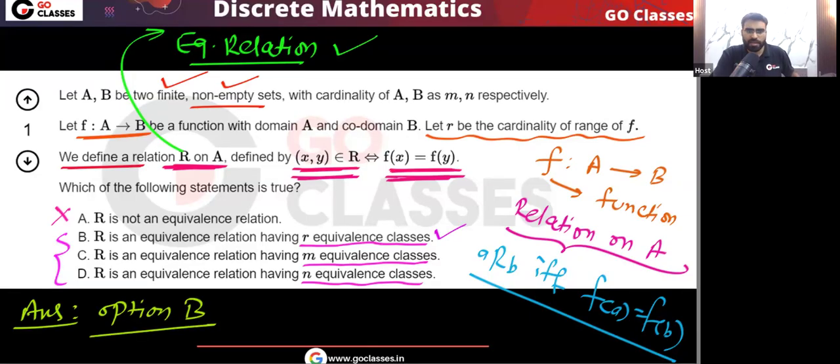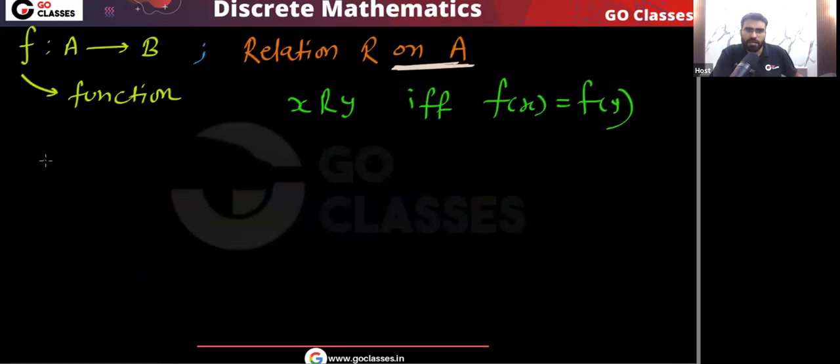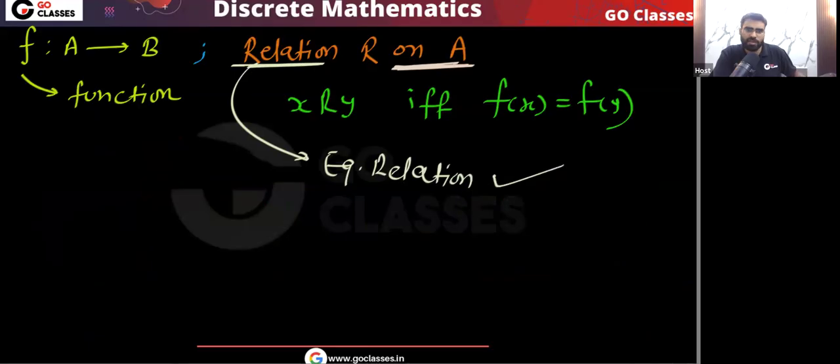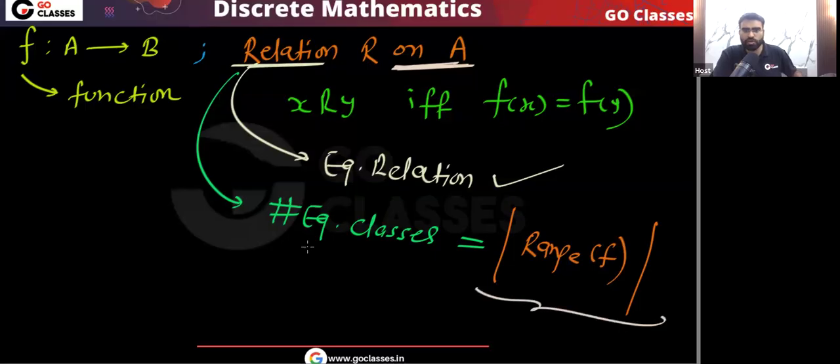Actually, you tell me, can you prove that it will always be the size of the range? This relation will be an equivalence relation. We have proved that this will be an equivalence relation, and the number of equivalence classes will be the same as the size of the range of f.